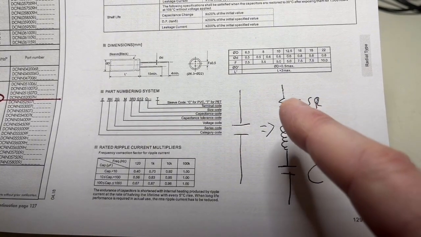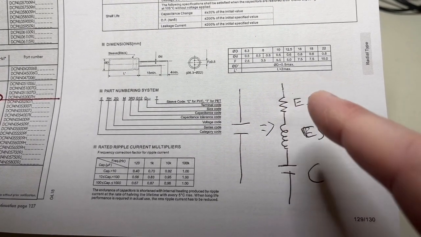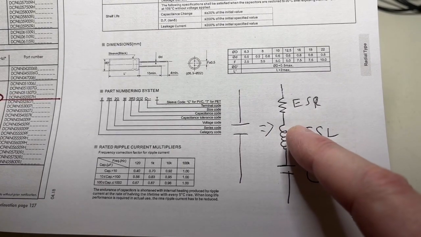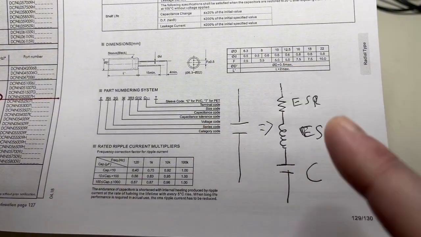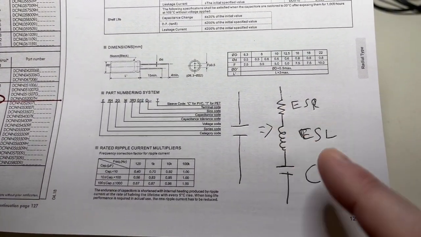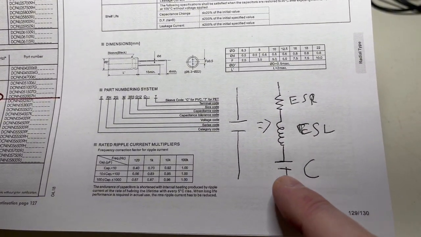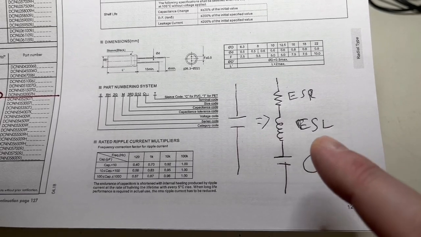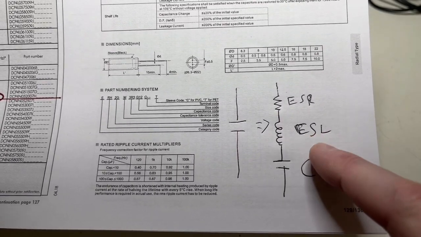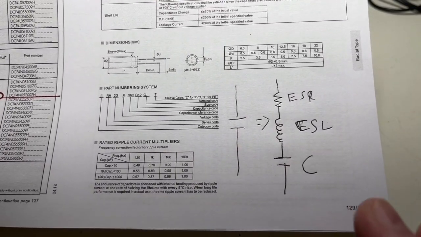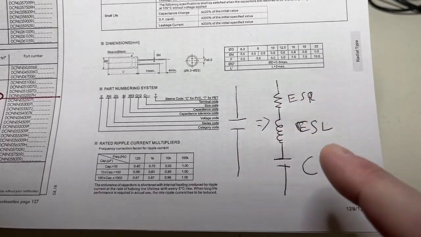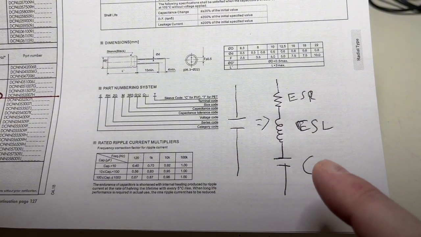So you have a resistor in series, and a coil in series, the windings of the capacitor, and then you have the capacitor itself. In reality, you would have, in parallel to the capacitor, one other resistor, but this is not interesting for us now. These are the three main components of a capacitor.